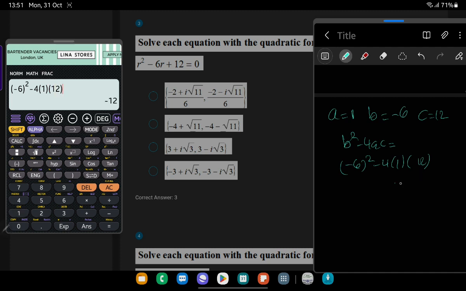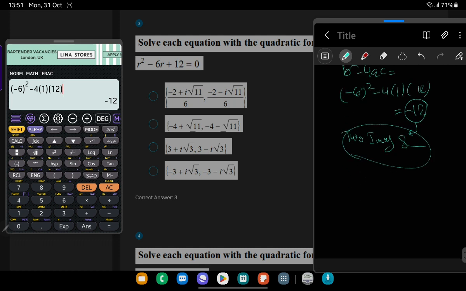So this is negative 12. You have a negative here. It means two imaginary solutions. It means that you will select the options with the i: the first, the third, and the last one.